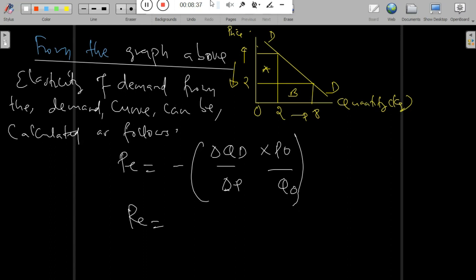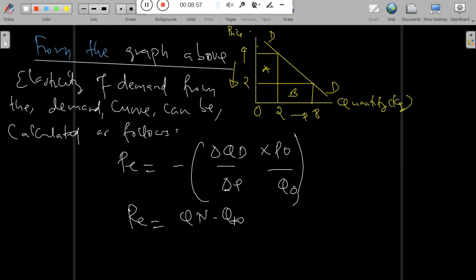So from this graph, you calculate the price elasticity of demand by taking negative, then bracket, change of quantity demanded over change of price times PO over QO. Remember, the change of QD is QN minus QO, and the change of P is PN minus PO.